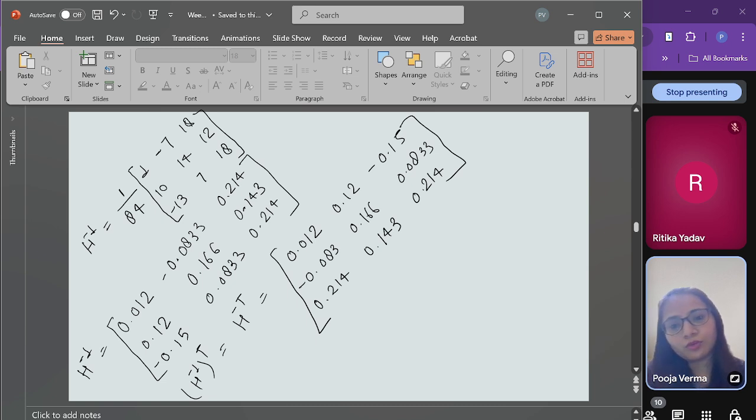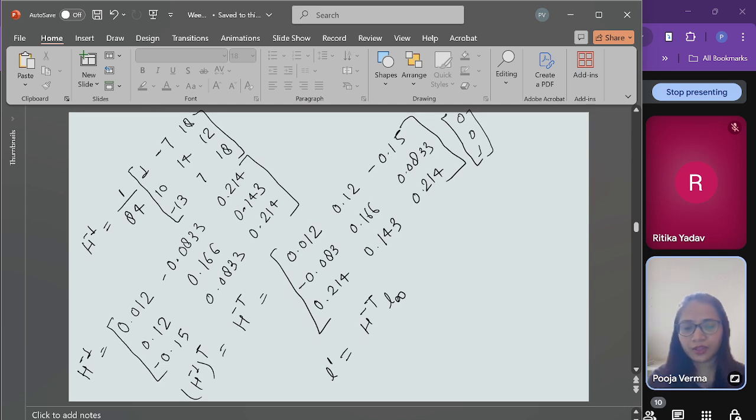Now what we need to do is find the transformed vanishing line L dash. So H to the power minus transpose times L infinite. We need to multiply with L infinite, which is already given as 0, 0, 1. So multiply each row with this column. 0.012 into 0, 0.12 into 0, and here minus 0.15 into 1.